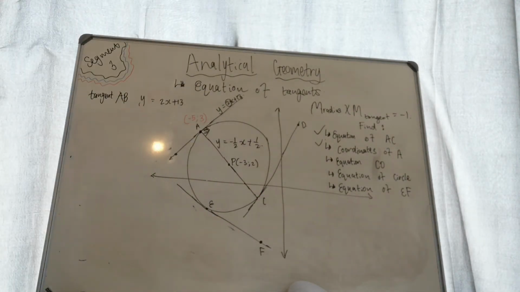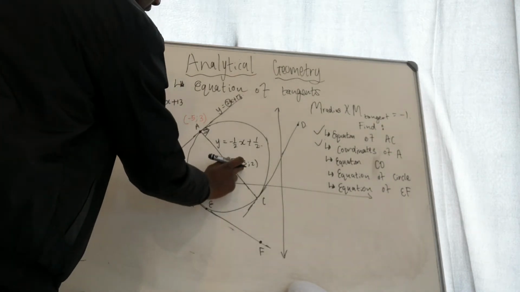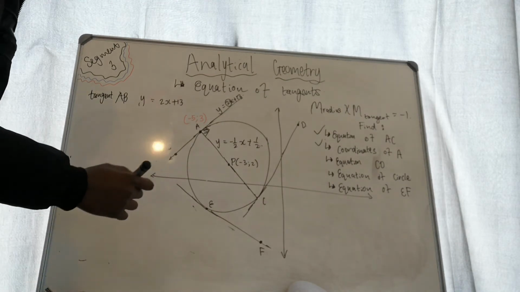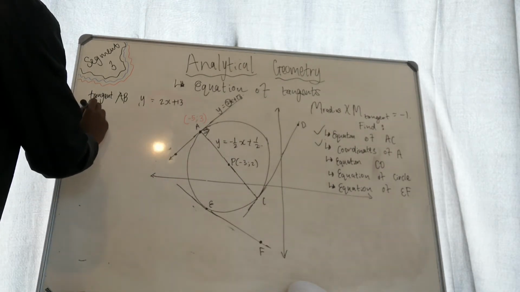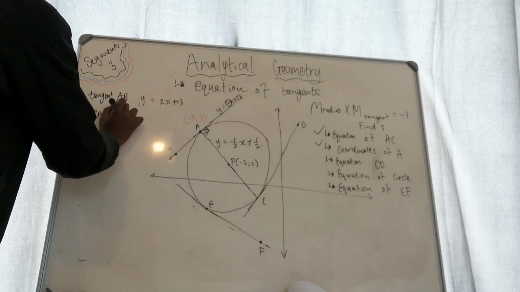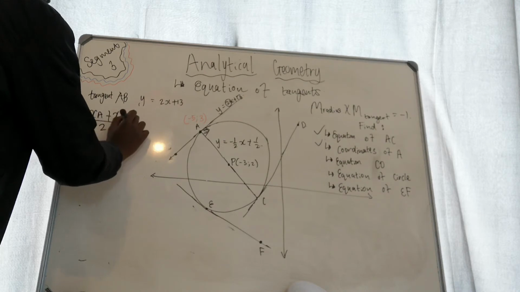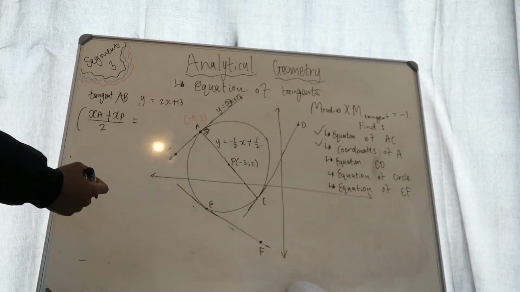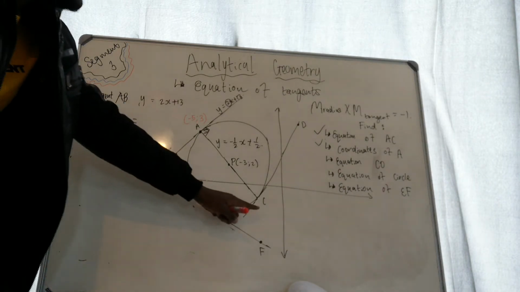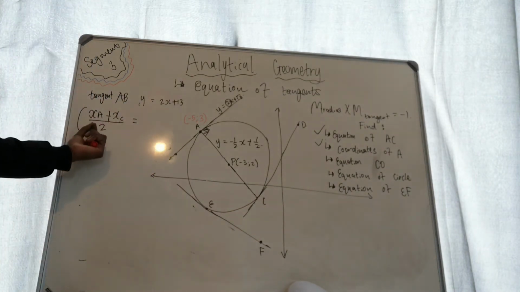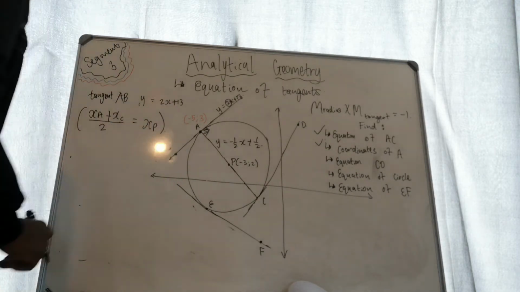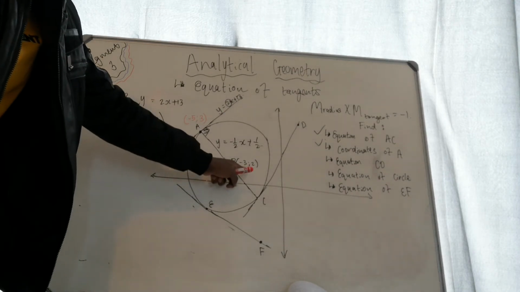So yes, we're gonna have to find the coordinates of that C value. How do we find the coordinates of that C value? We're given the P, we're given the A, and so we use the midpoint formula. The midpoint formula says if I have the x of the A plus the x of the C and I divide by 2, then I'm gonna get the x of the P, the midpoint, this point right there.